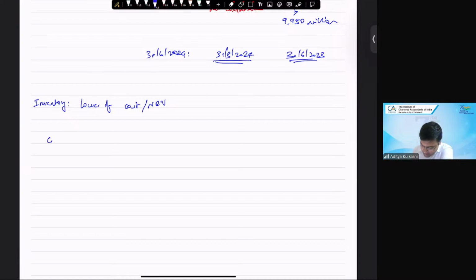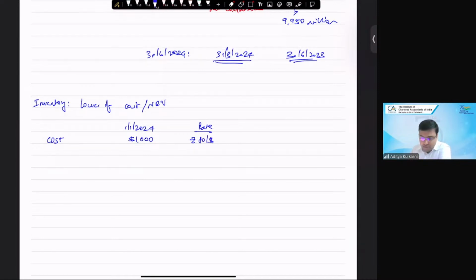So now let us suppose my cost when I purchased the inventory on 1st January 2024 is $1,000. When I purchased, the exchange rate was, let us suppose, rupees 80 per dollar.